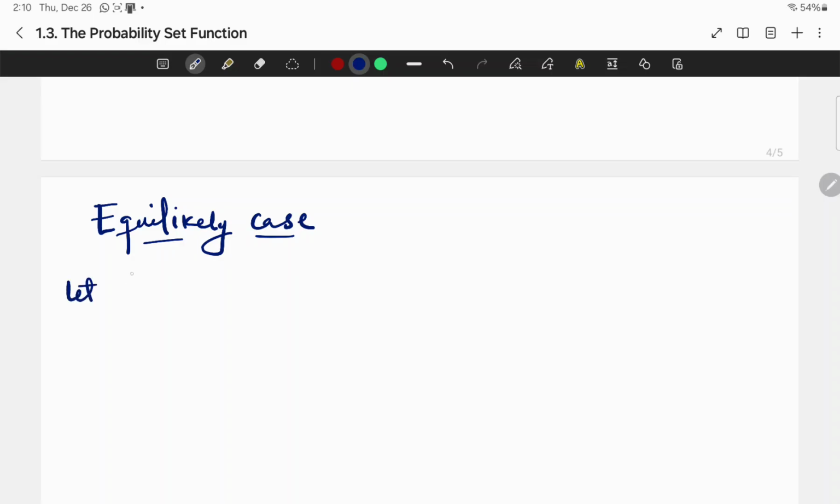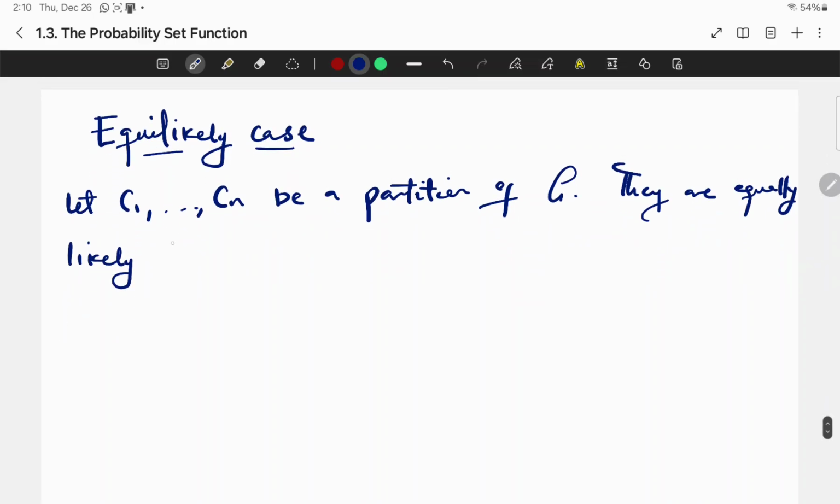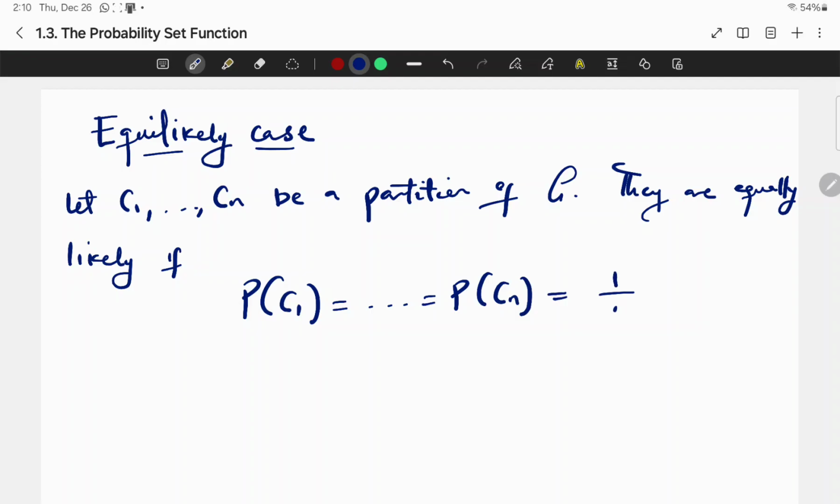Let C1 through Cn be a partition of our sample space C. These are equally likely if the probability of C1 equals the probability of Cn equals 1 over n.